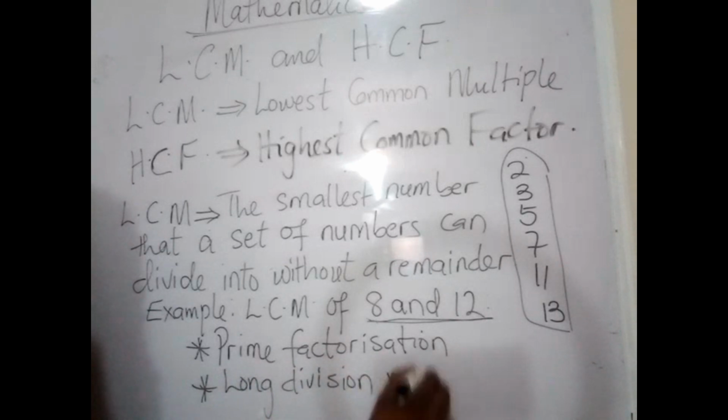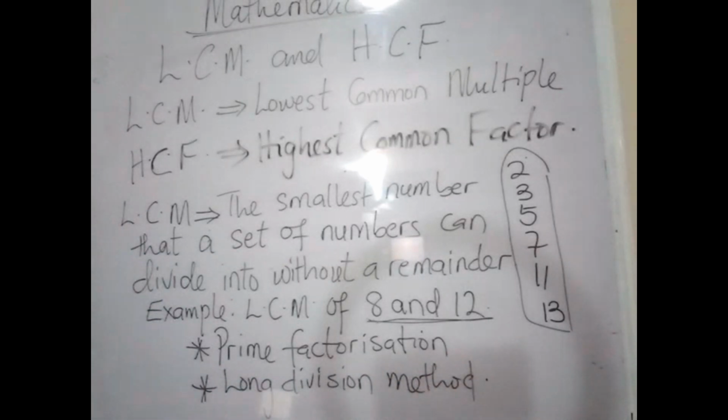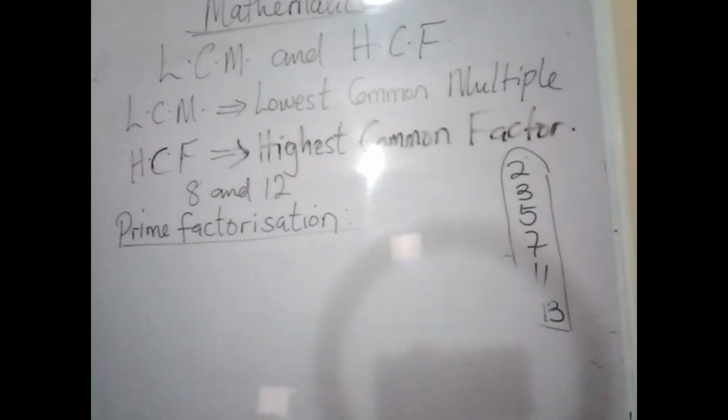The prime factorization method and the long division method. So those are the two methods that we can use to calculate our lowest common multiple, LCM. Let's take a look at how these two methods work. Let's look at the prime factorization method first.